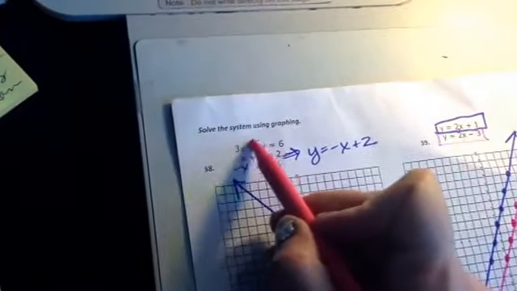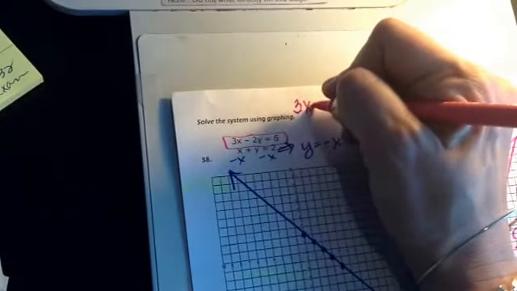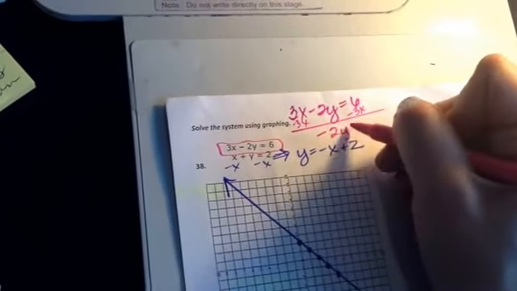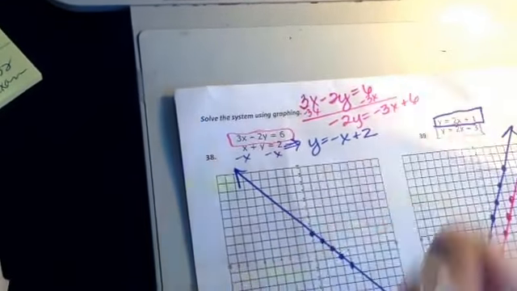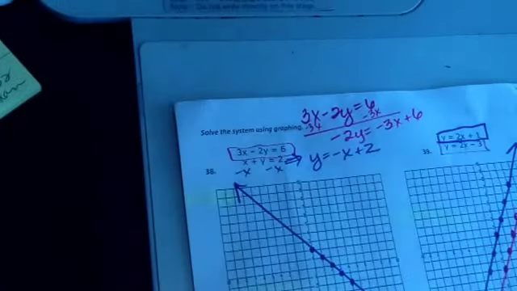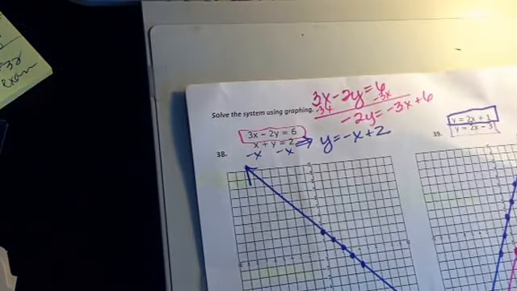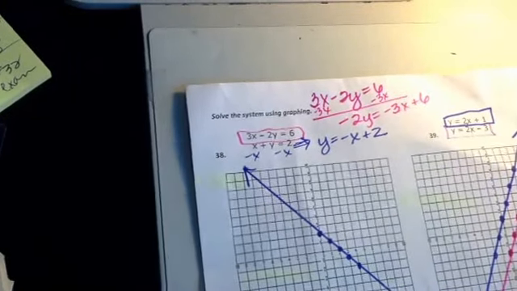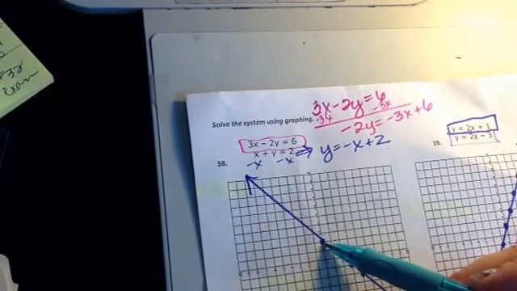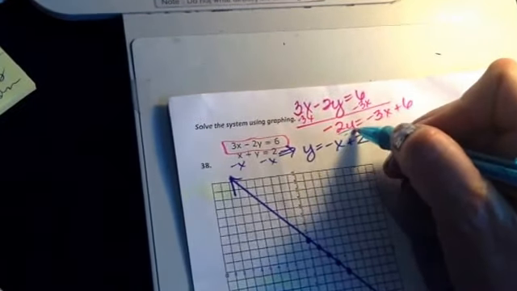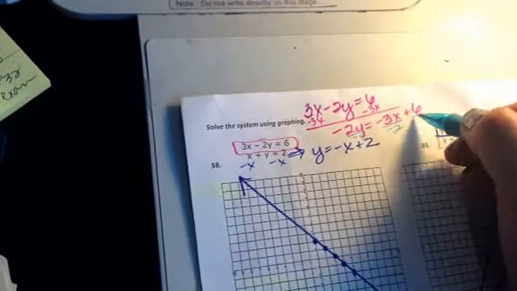Now this equation here, 3x minus 2y equals 6. If I take 3x away from both sides, I'm going to have negative 2y equals negative 3x plus 6. And then I'm going to divide everything here by negative 2.